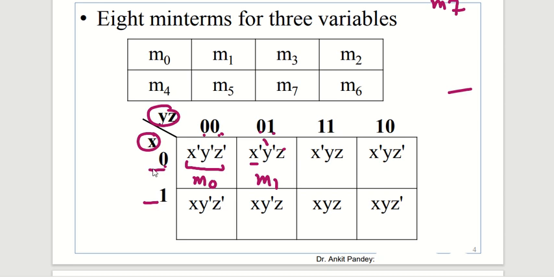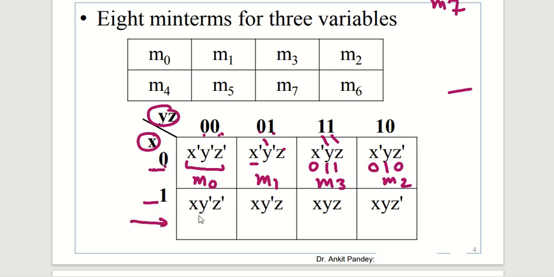Again, in this case, x value is 0 for this row. For yz, the values are 1, 1, so this is representing 0, 1, 1, which is your m3. Again, this term is x dash, 1, 0, so it is representing your m2 term, 0, 1, 0.